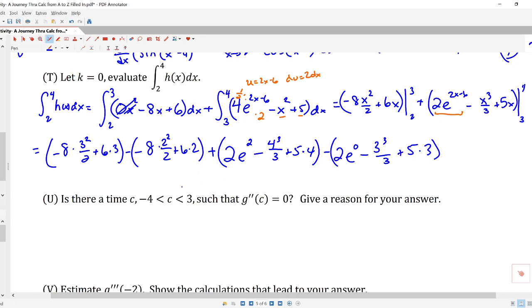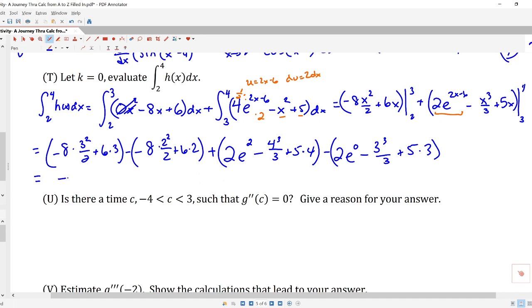So that equals, let's see here. 3 squared is 9. 9 times 8 is 72.